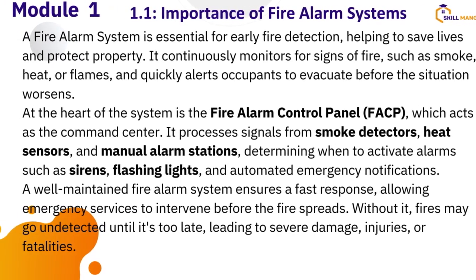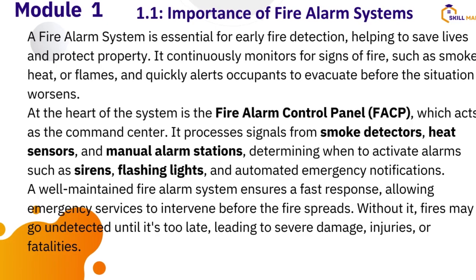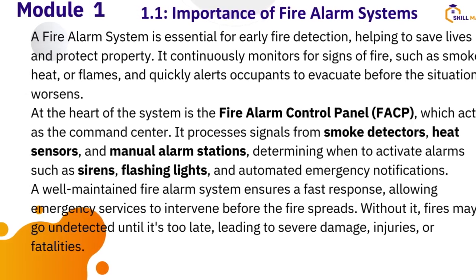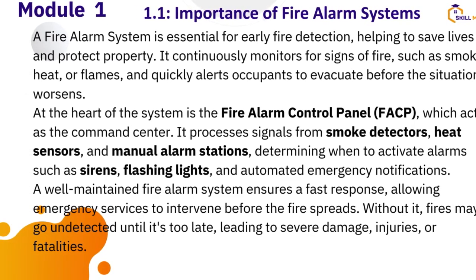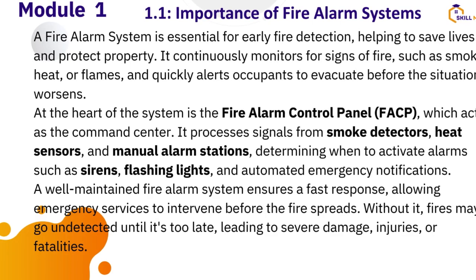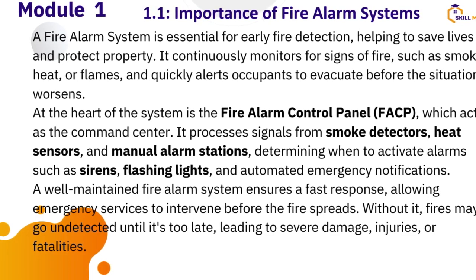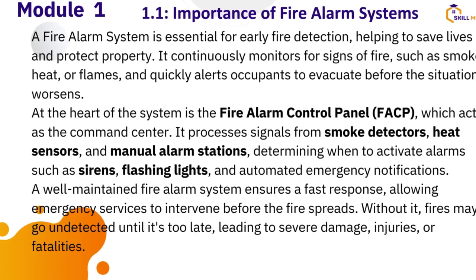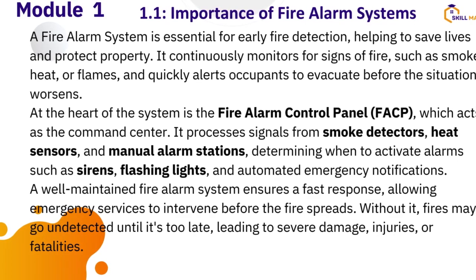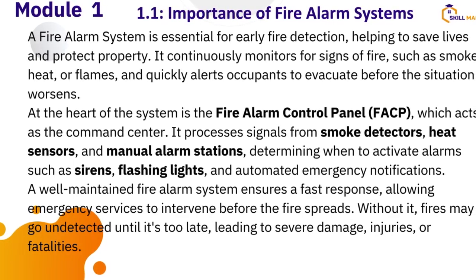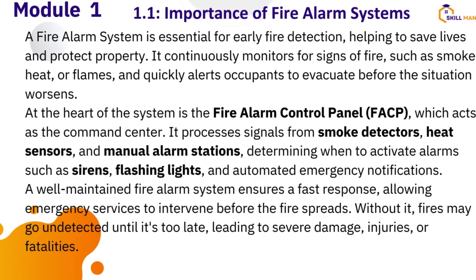All these signals are generated automatically from a smoke detector, or you can press the call point manually yourself to alert the people in the house that there's about to be a fire outbreak, so they can all run to the muster point. So this is very important.